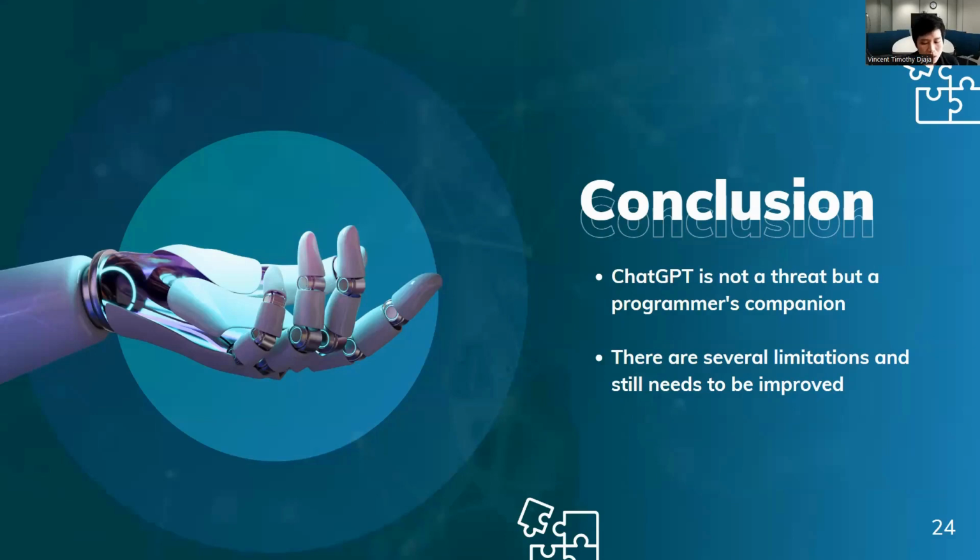So the frequently asked question relating to the AI model is, will ChatGPT replace us as programmers? From what we have done in our experiments, we have seen that the model acts more like a companion to us programmers rather than a programmer itself. And given the AI model's current status, which is still in development, the model needs more training to handle some of its limitations and address its currently known drawbacks.